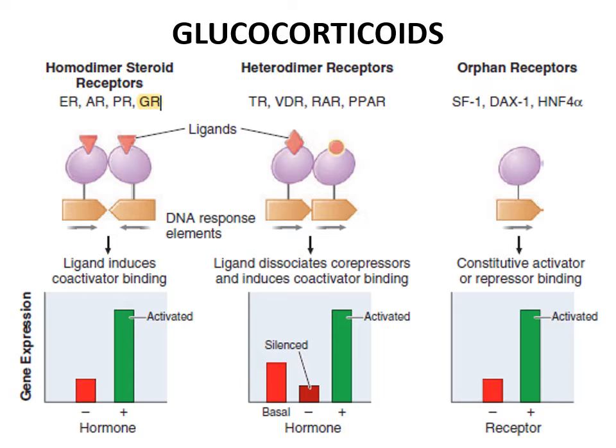So glucocorticoid receptor can also act at the membrane or in the cytoplasm to activate or repress signal transduction pathways, providing a mechanism for crosstalks between membrane and nuclear receptors.